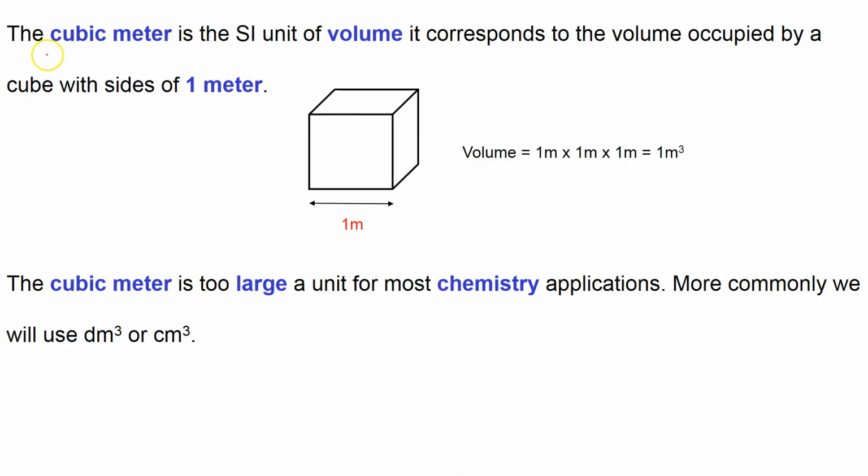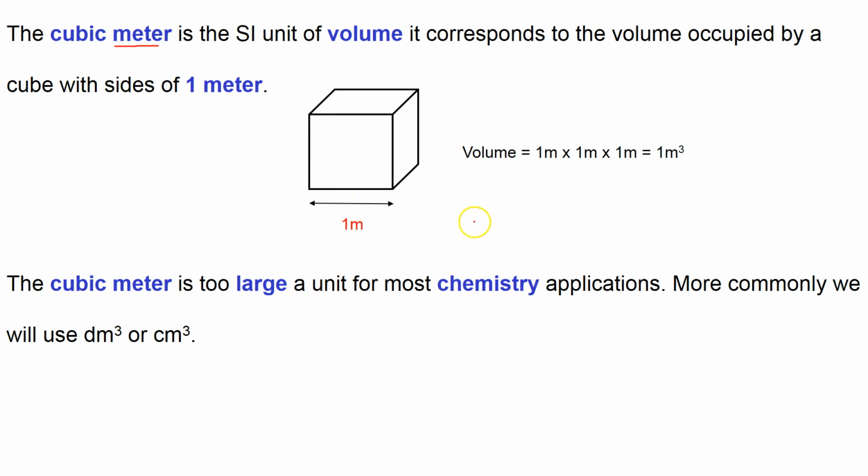So in the SI system, the base unit for length is the meter, so that means that the cubic meter would be the base SI unit of volume. Now that's a lot of stuff, because 1 cubic meter would be a cube that is 1 meter on each edge.